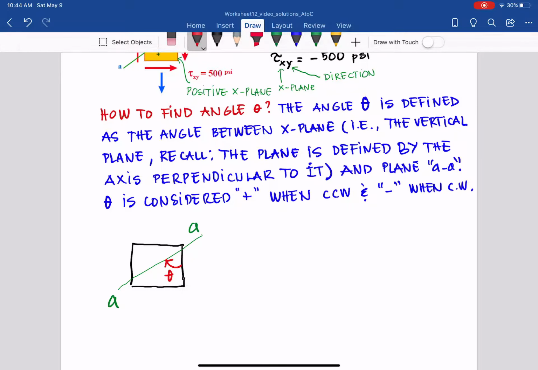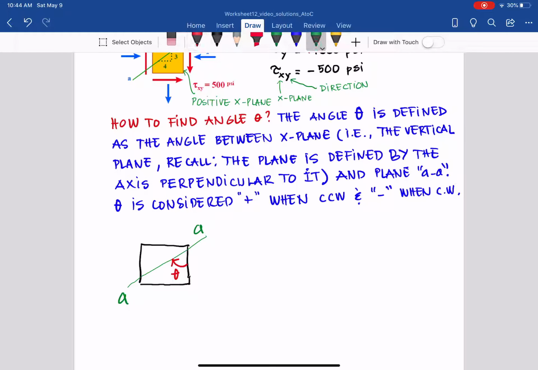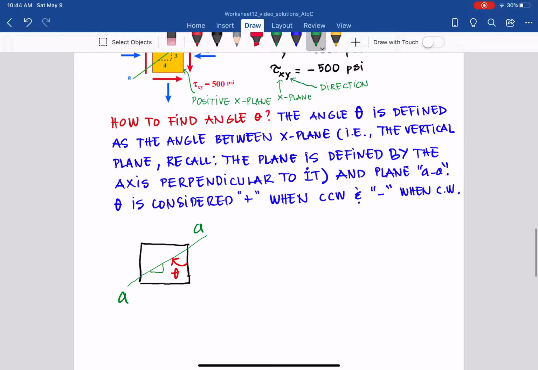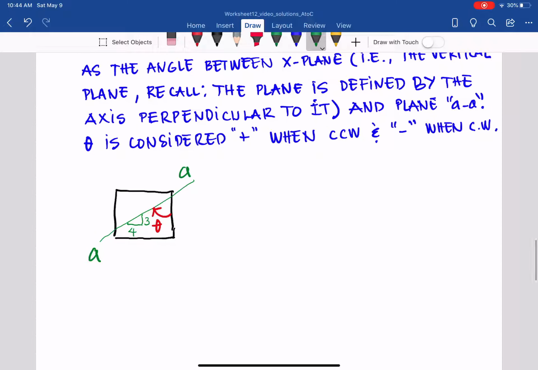We already have the slope here, which they give us as 4 and 3. From that we can get theta with similar triangles, as you can see, the same angle theta is in there. The tangent of theta is equal to opposite over adjacent, 4/3.